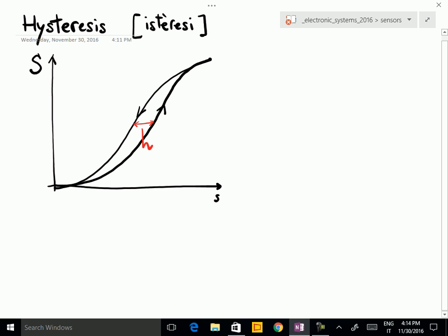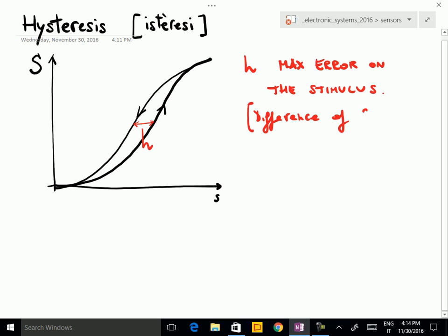So this is called H. H is the maximum error on the stimulus, so the difference of S for the same electric signal.